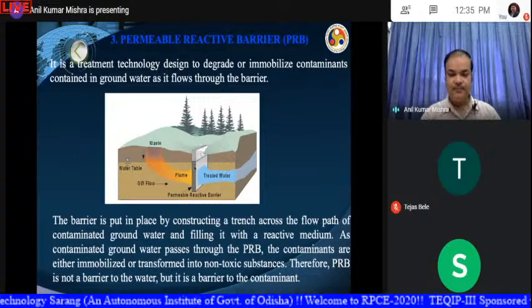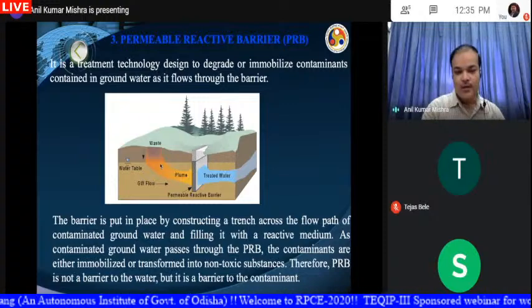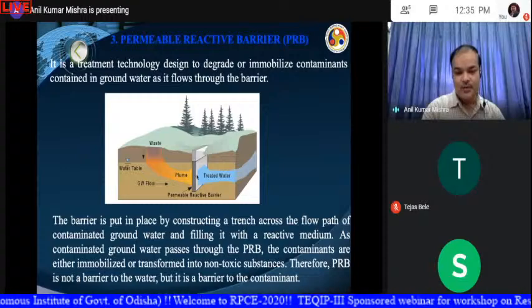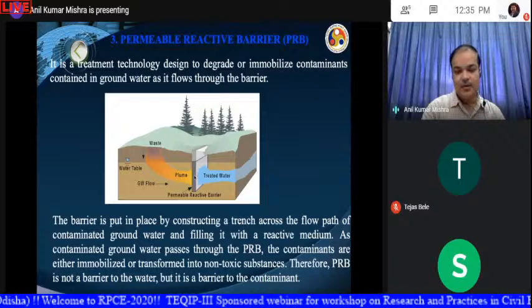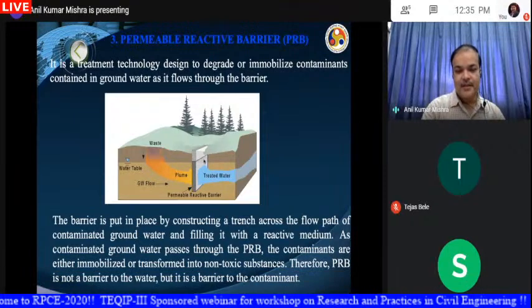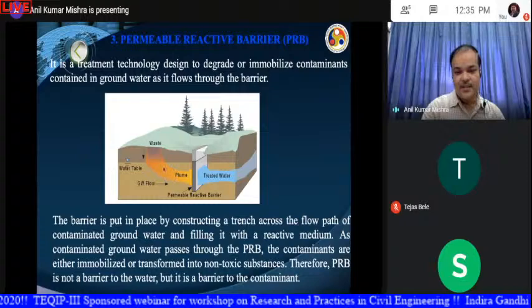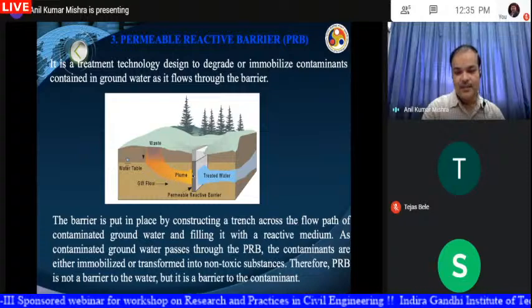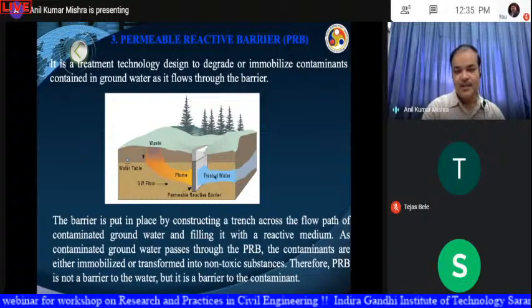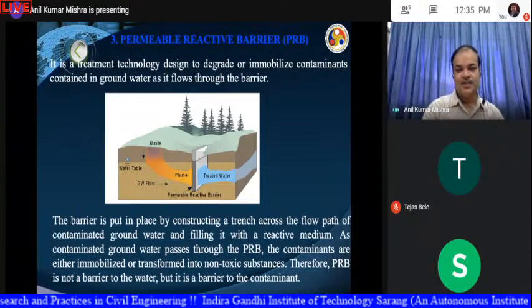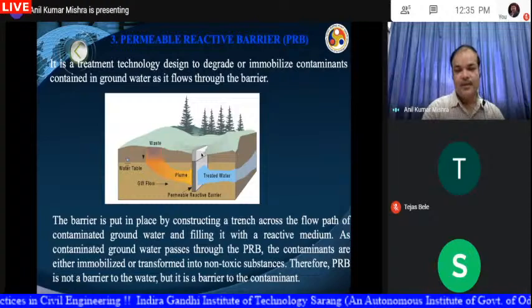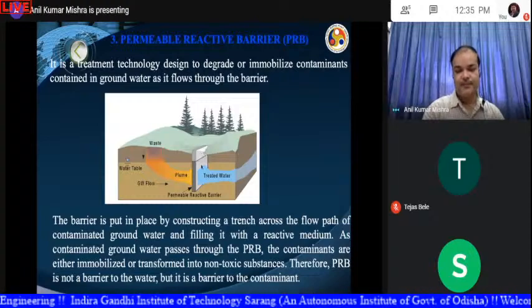It allows the contaminated water to pass through, but during this time the contaminants will be absorbed by the material present in the wall. Once the contaminated plume passes through, the treated water comes out on the other side. So this is kind of a magic wall, called a permeable reactive barrier, or PRB.